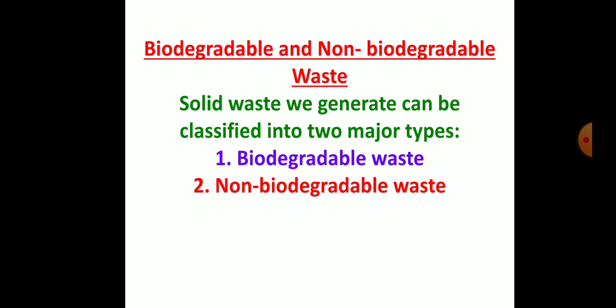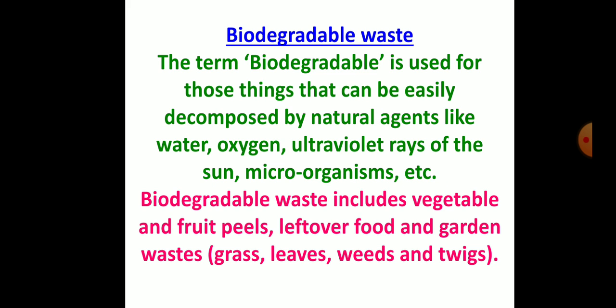Biodegradable and non-biodegradable waste. Solid waste we generate can be classified into two major types: biodegradable waste and non-biodegradable waste. Biodegradable waste. The term biodegradable is used for those things that can be easily decomposed by natural agents like water, oxygen, ultraviolet rays of the sun, microorganisms, etc. Biodegradable waste includes vegetable and fruit peels, leftover food, and garden waste, grass, leaves, weeds, and twigs.